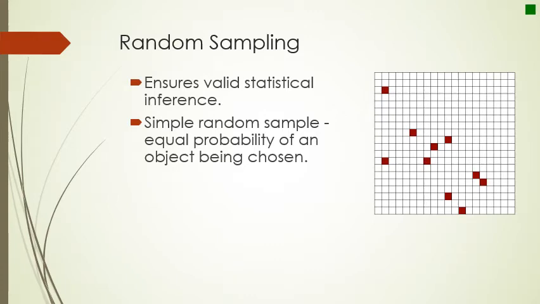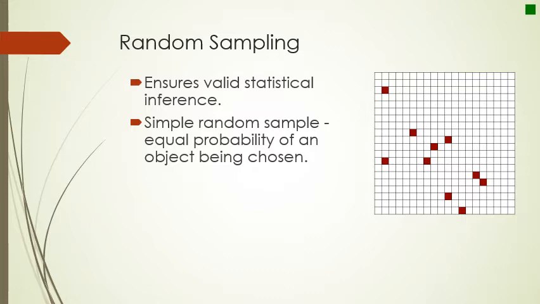So let's start with random sampling, or sometimes referred to as simple random sampling, SRS. Simple random sampling is the best way to sample a population if you have no other information. It ensures valid statistical inference.